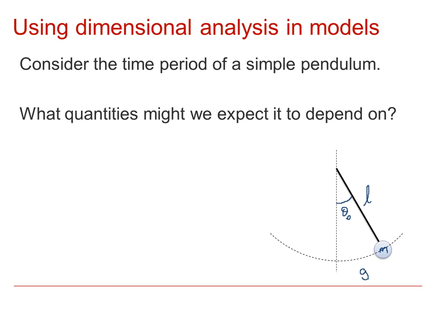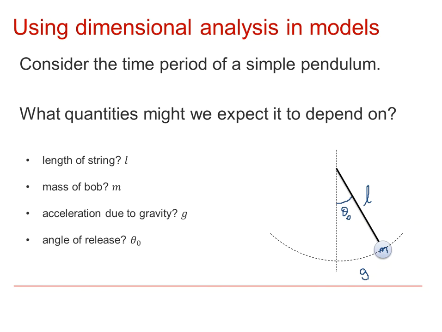In a particular place that's going to be a constant, but what if we move to a different position on the Earth's surface, or even took our pendulum to the moon, where the acceleration due to gravity is going to be different? So we have the string length L, the mass m, the acceleration due to gravity g, and the release angle theta 0.